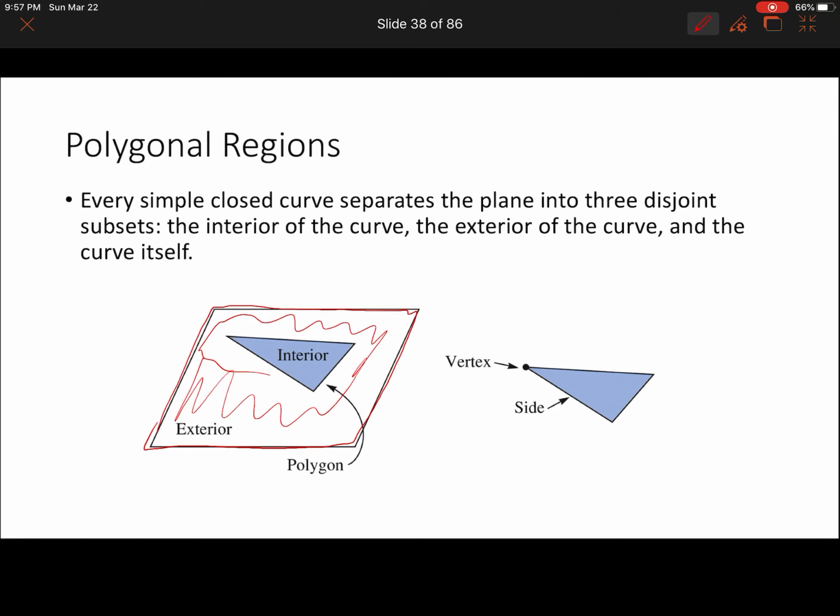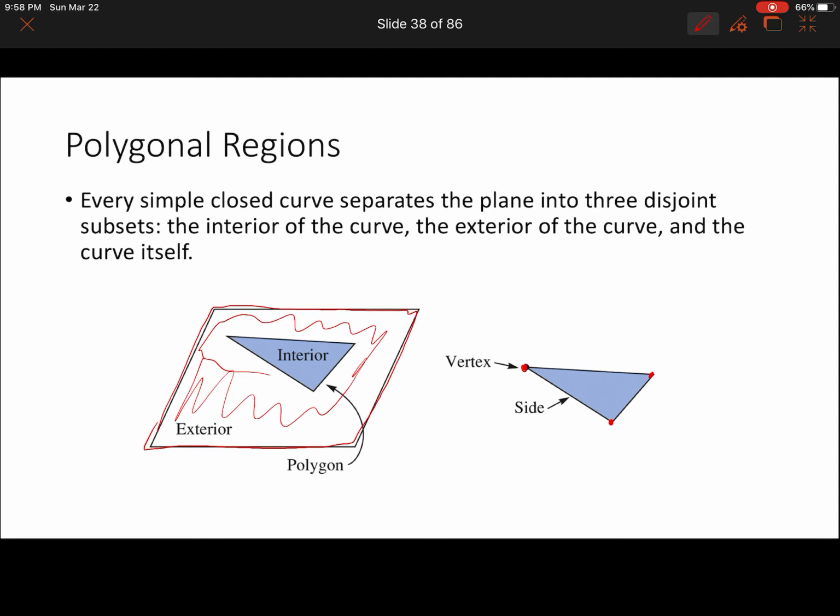Now, if we are talking about polygons, which in this case we are, every polygon is going to have at least three vertices. So each of these points where two of our sides meet are considered to be a vertex. So multiple vertices, plural for vertex there. Every polygon is going to have vertices and it's going to have sides.